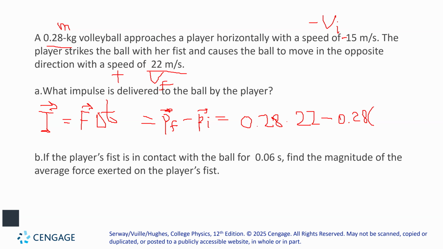So I have to multiply my mass by negative 15. Why is it important? It's because we are subtracting the initial value, and by itself it's negative. So when we're subtracting, it's going to turn into a sum. So we have 0.18 times 22 minus negative 0.18 times 15. It's going to be adding those two together, and we're going to have 0.18 times 37 as a result.